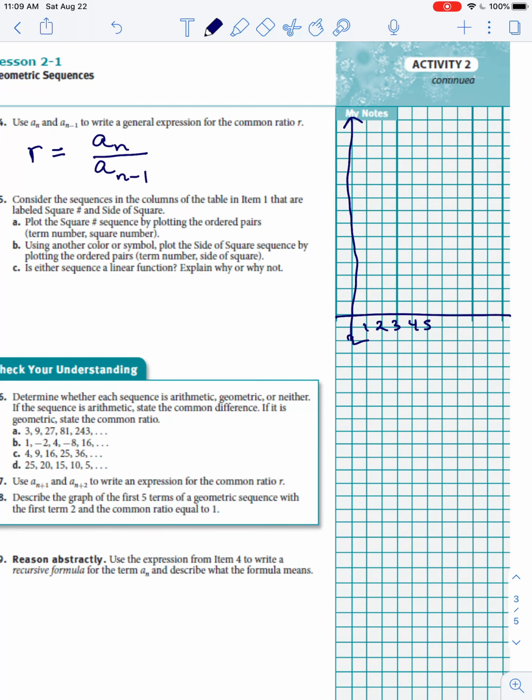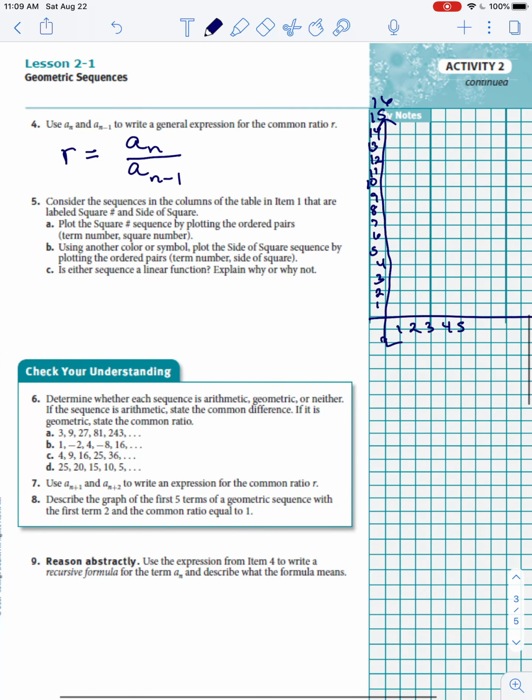And depending on what we're graphing, we don't have to go up to 256 or anything, but let's go up to 16. So 1, 2, 3, 4, 5, 6, 7, 8, 9, 10, 11, 12, 13, 14, and I'm going to run out of room. I should have moved my axis down a little bit, but we'll make it work, up to 16.